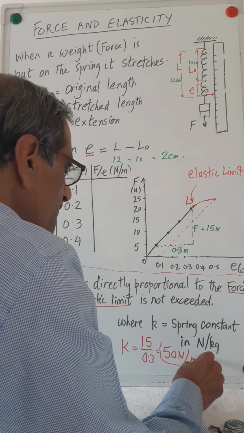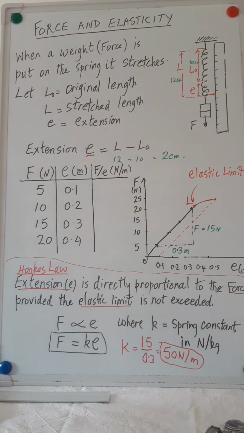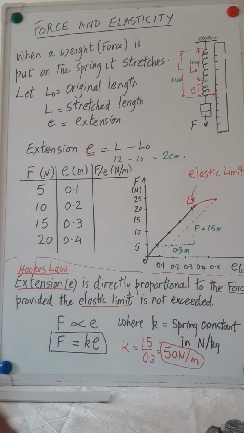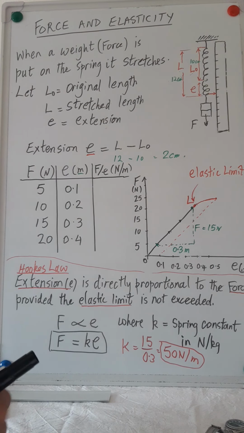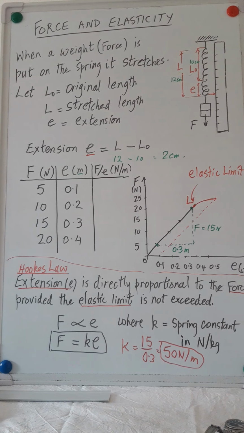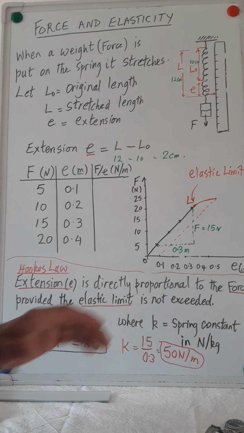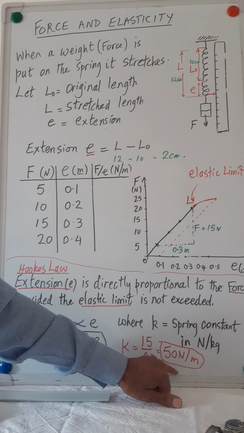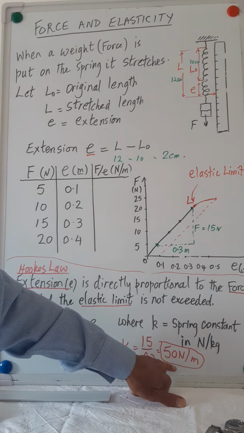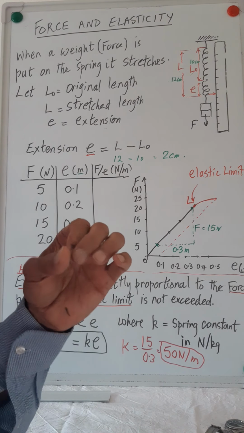The unit of the spring constant of this spring is 50 newtons per meter. Now, what does that mean? It means the spring stretches by 1 meter with a force of 50 Newton. So you need 50 newtons to stretch it by 1 meter.